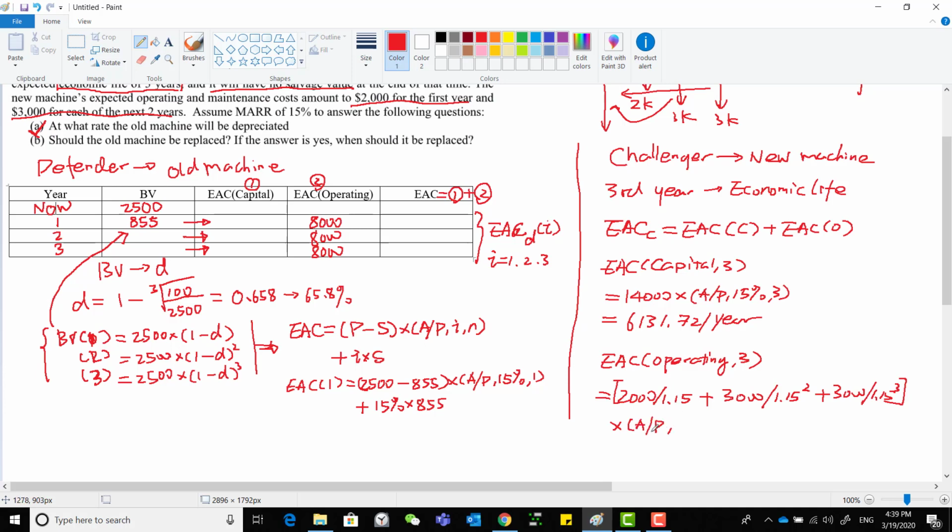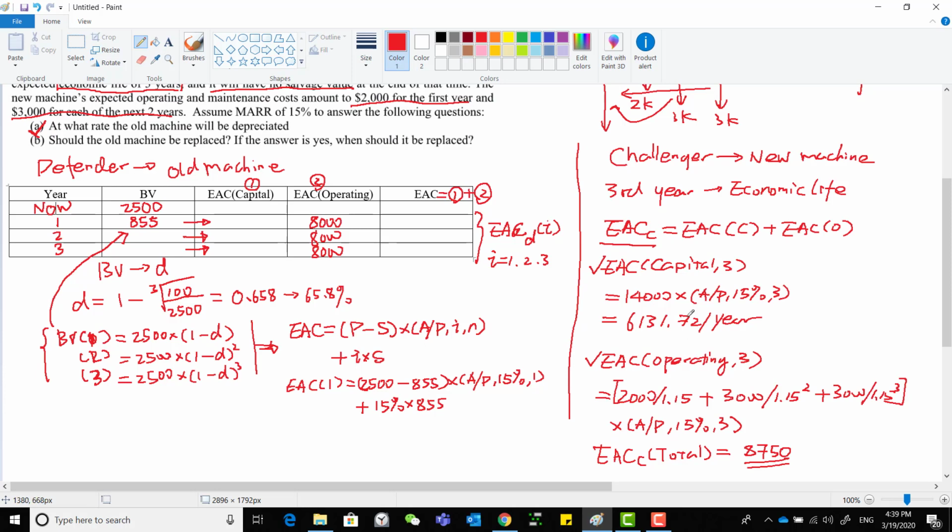So we know P, we're looking for the annuity, the interest is 15%, and we have 3 years. Here we calculate and get our EAC operating, and we have our EAC capital. Then we sum these two together and get our EAC challenger, which in total will be 8,750. This is our EAC for the challenger.